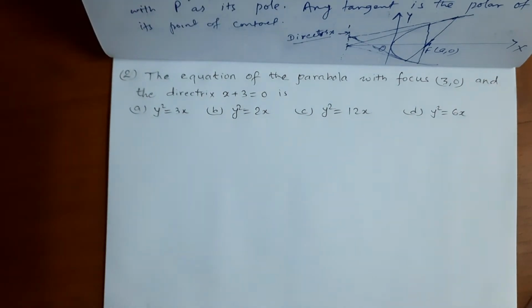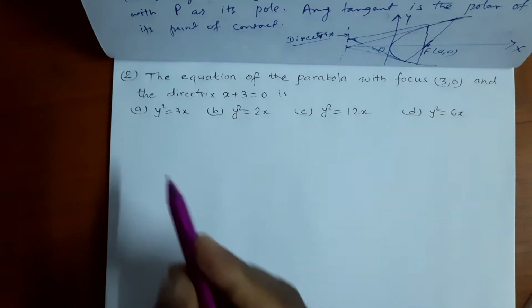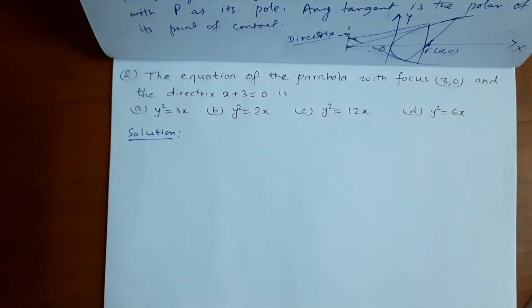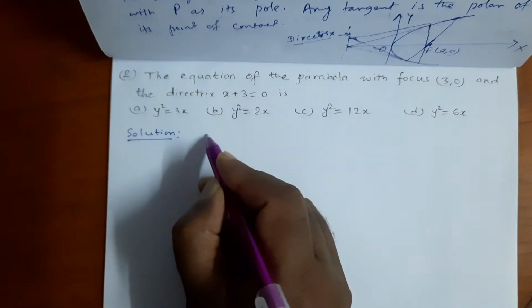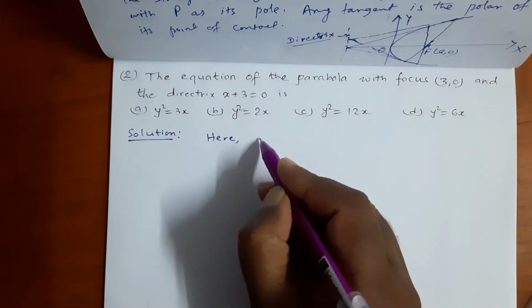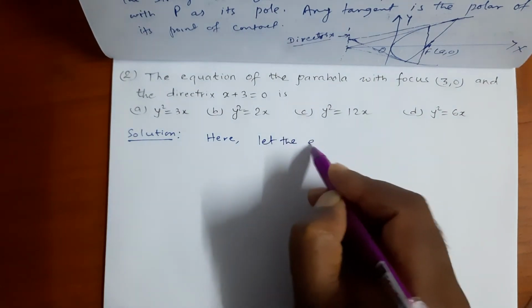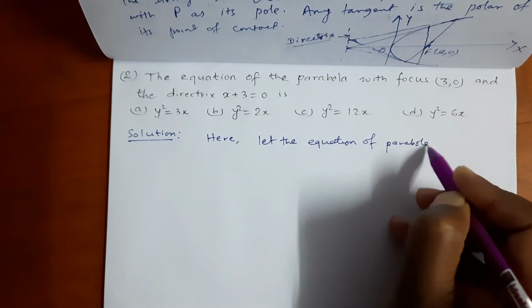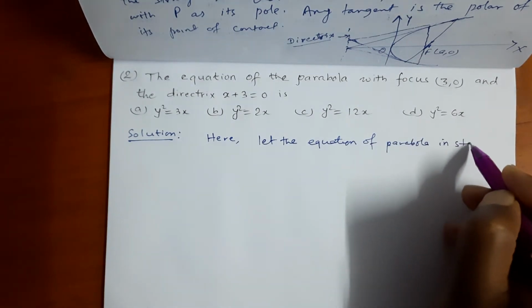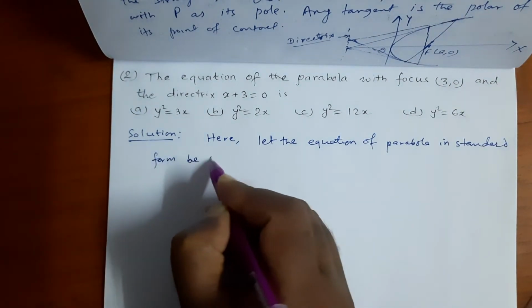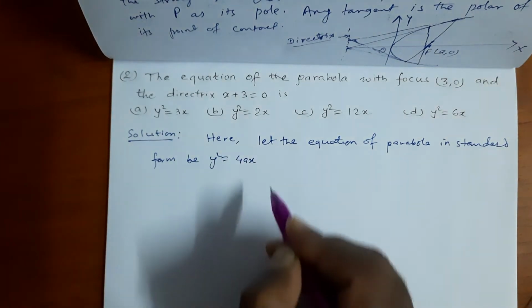The equation of the parabola with focus (3, 0) and directrix x plus 3 equals 0 is. So look at the solution to this question. Here let the equation of parabola in standard form be y square equals 4ax.